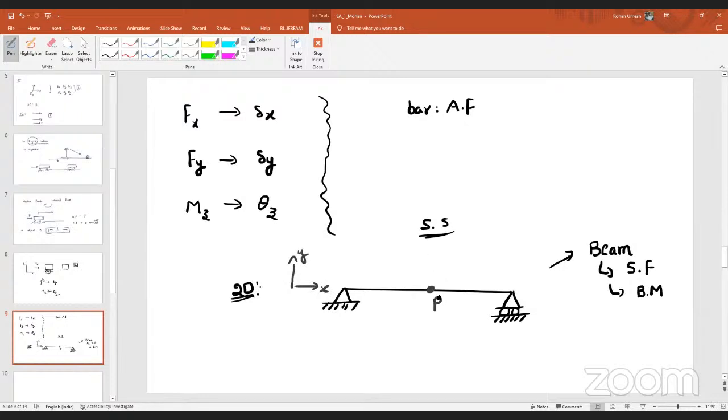If I talk about the point P, how many types of deflections are possible? Just like the same thing we have discussed previously. In general, forget about the loading and everything. Now I am talking about the two-dimensional problem. I am considering a point in the two-dimensional problem and how many displacements can be possible.